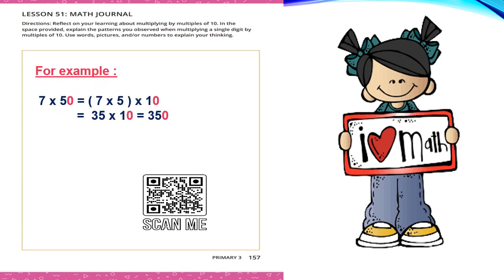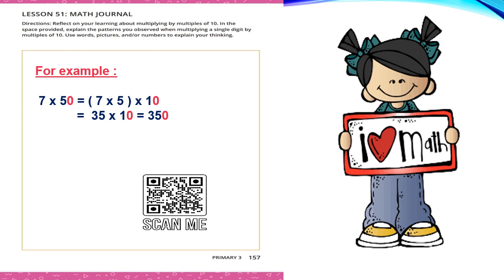7 times 50. What shall we do? We want to split 50. The factors of 50 equal 5 and 10, by using the multiples of 10. So 7 stays as it is and 50 is split to be 5 times 10.